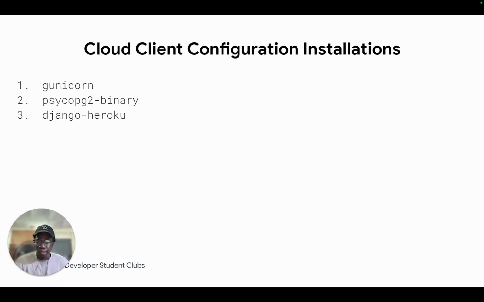Gunicorn is a server that keeps your application running. Then psycopg2-binary is a database client. For the database, we're going to be using Postgres, and this allows your Django application to talk with Postgres seamlessly. Then django-heroku is a package that allows Django to talk to Heroku.